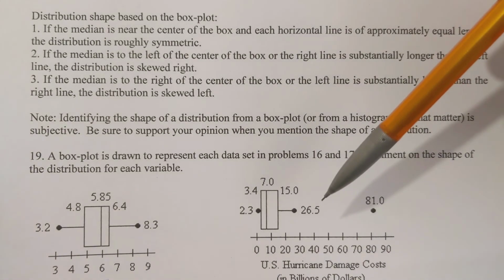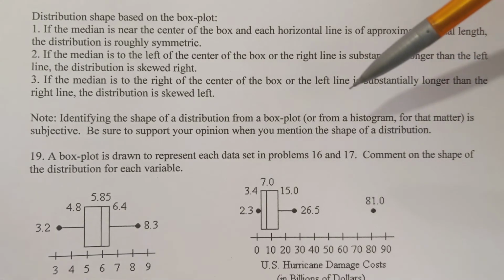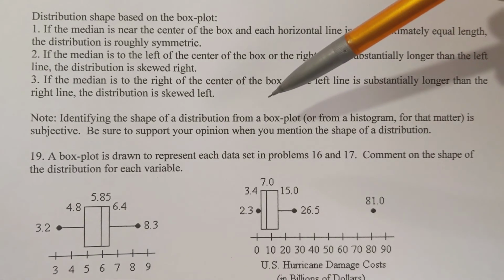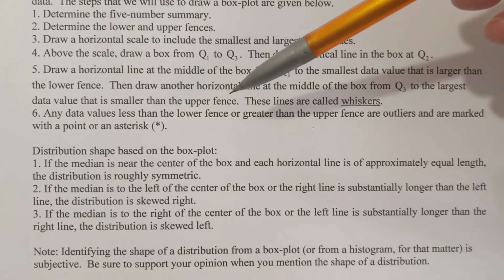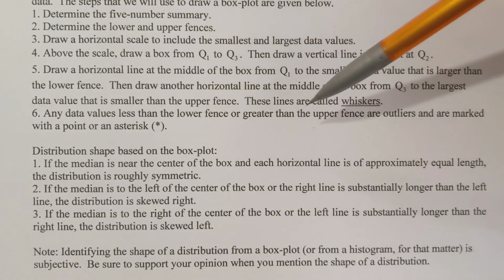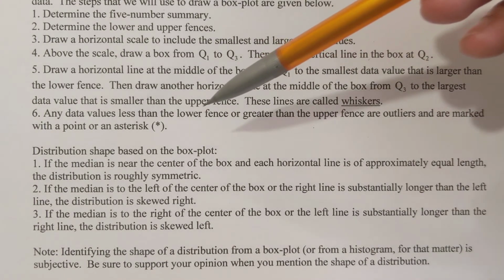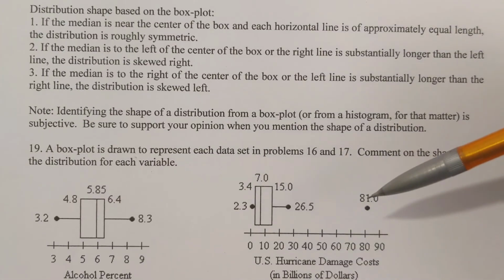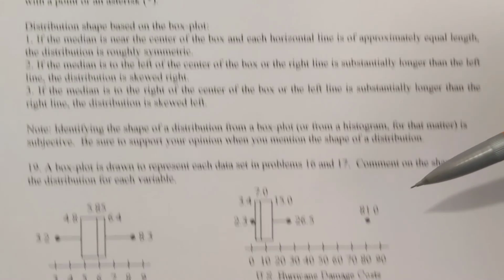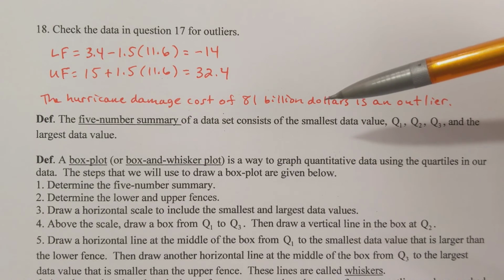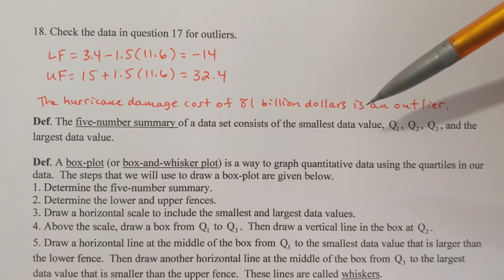So that's where I need to end my right whisker. Okay, and then I'm on step 6. Any values that are less than the lower fence or greater than the upper fence are called outliers and should be marked with a point or an asterisk. Okay, so I'd want an asterisk or a point at $81 billion, since Hurricane Katrina was an outlier for that data set.